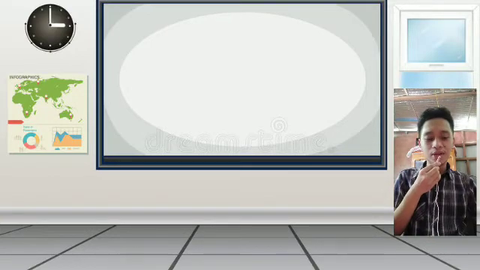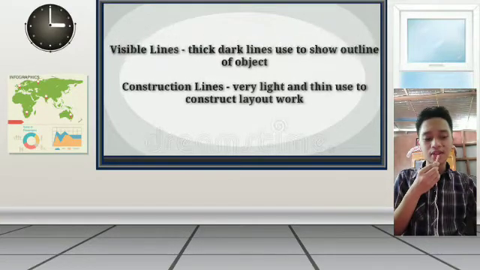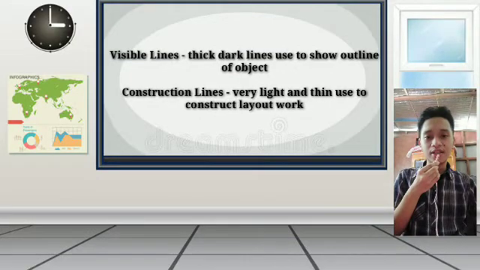Okay, thank you. Visible lines and construction lines are similar. They are considered the most common lines used in particular arts or figures. So what is the difference between visible and construction lines?